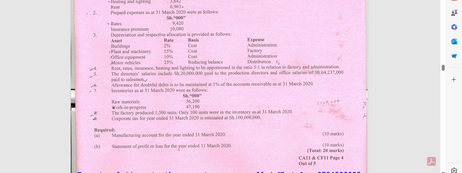And for motor vehicle, we've been told that this one is going to go to distribution, but the basis for calculating depreciation for motor vehicle is reducing balance. So remember, reducing balance, you have to subtract what? The accumulated depreciation for you to get what? Depreciation for the year. So motor vehicle is 25%.